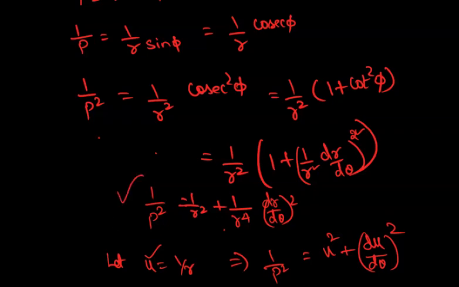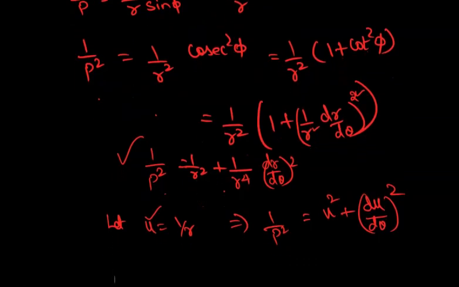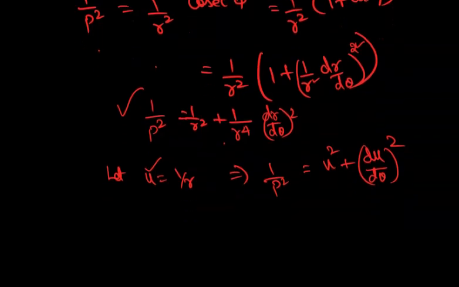Okay. So let me show how you got this du by d theta whole square. If you differentiate u with respect to theta, what you will get? du by d theta: 1 by r differentiation is minus 1 by r square, and then dr with respect to theta.